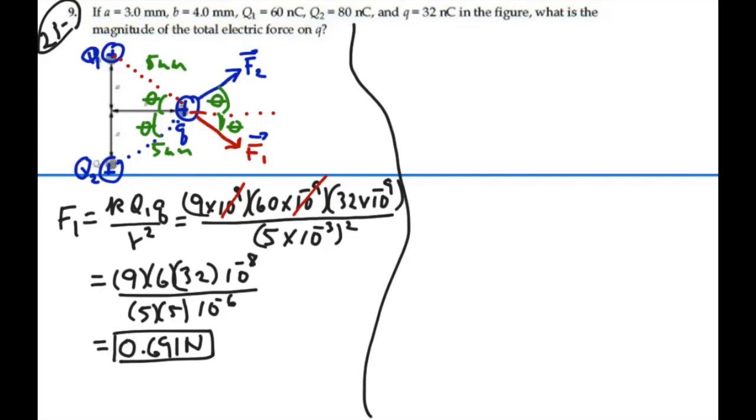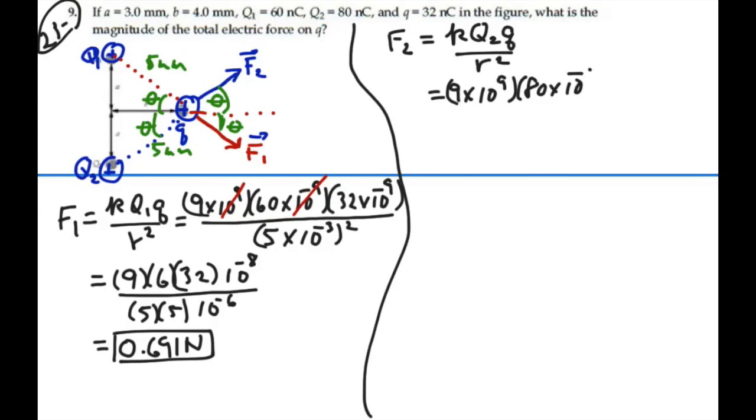Let's find the other force, F2, and that's going to equal K Q2 little q over the distance between them squared. And that's going to be 9 times 10 to the 9 times 80 nanocoulombs times 32 nanocoulombs over the distance between them, which is 5 millimeters as well, and we'll square that.